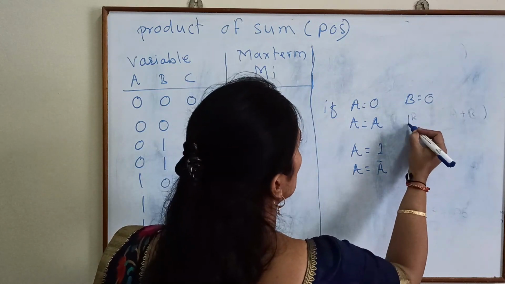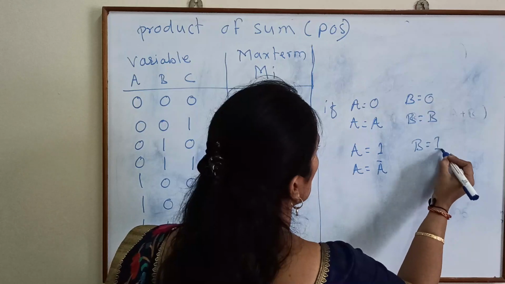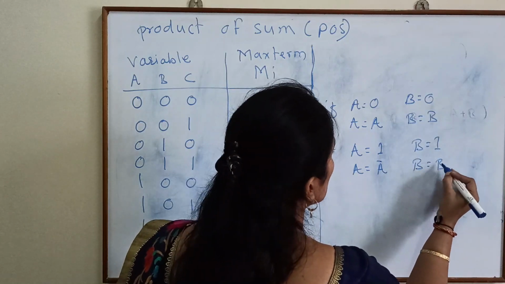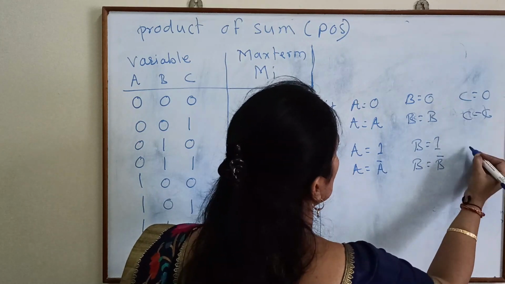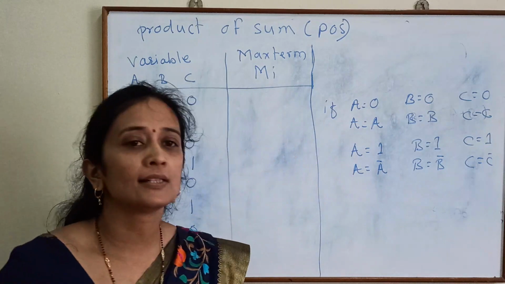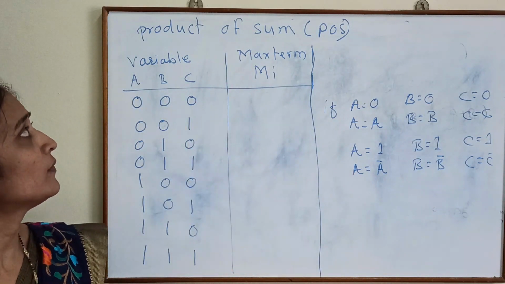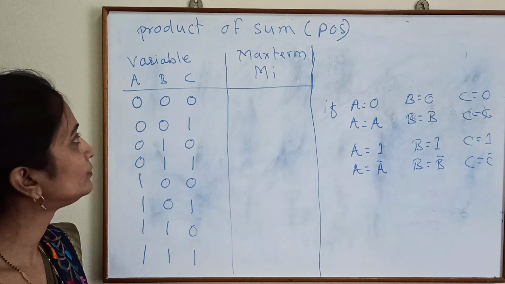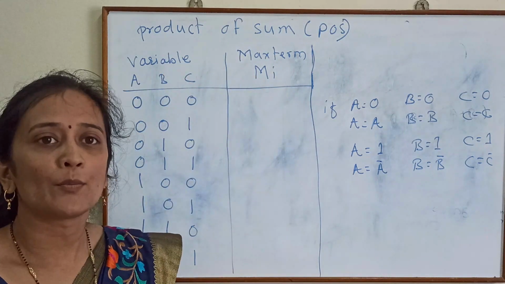B is equal to 0, it is B, and B is equal to 1, it is B bar. C is equal to 0, it is C, C is equal to 1, it is C bar. These are the rules to form the table for max term. The table is the same, the only difference is we have to take capital M here.